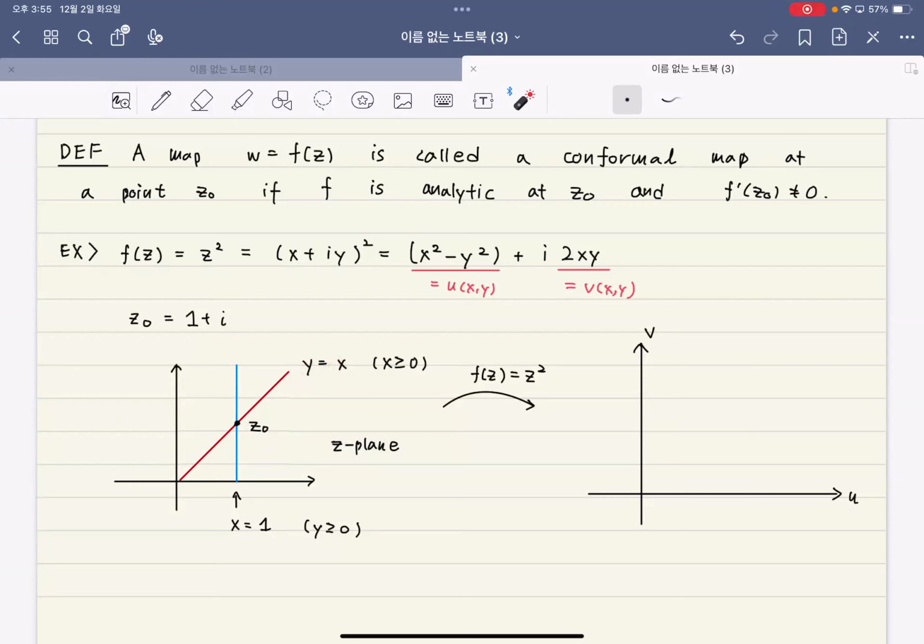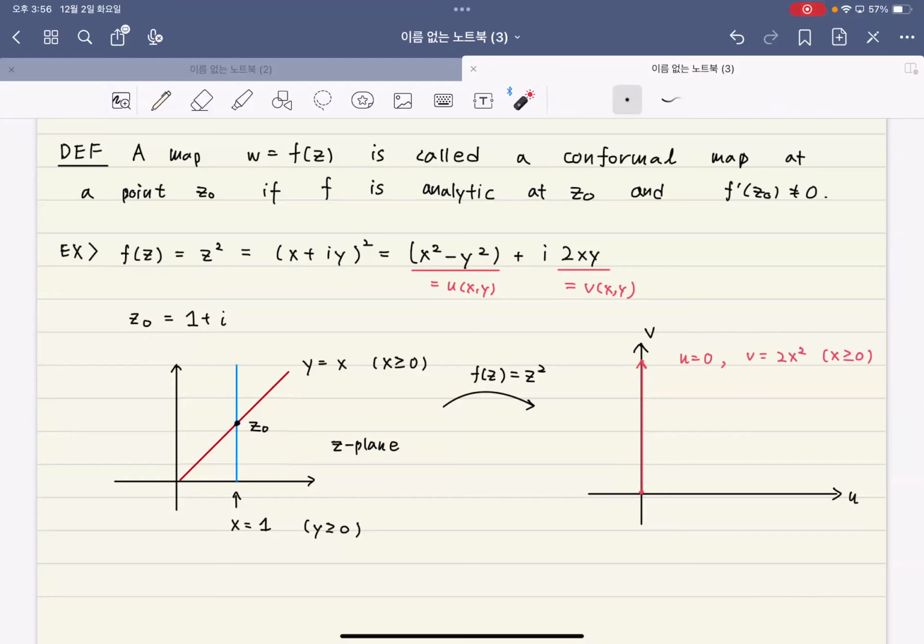Therefore, if you plug into this, the u coordinate is identically going to be 0. But since x equals y, the image of this red line is u equals 0 and v equals 2 times x squared, and x is greater than or equal to 0. So this guy is going to be the image of this one.